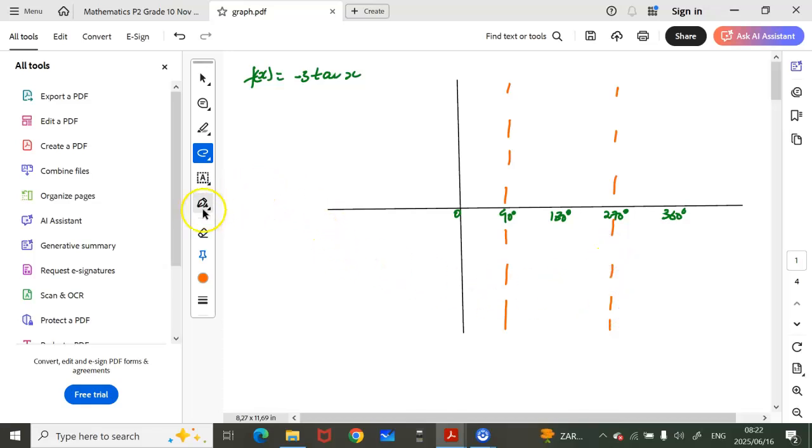So now we have indicated the asymptotes. Another thing we must consider is that this is a negative function, as you can see our 3 is negative.